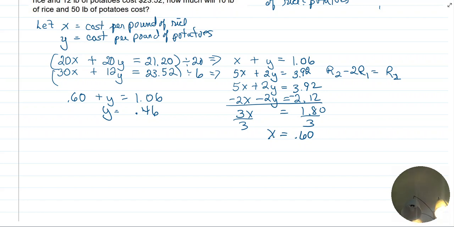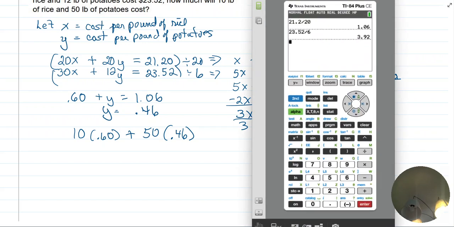So now I'm going to do 10 pounds of rice and 50 pounds of potatoes. So I'm going to use my calculator. That's big math.